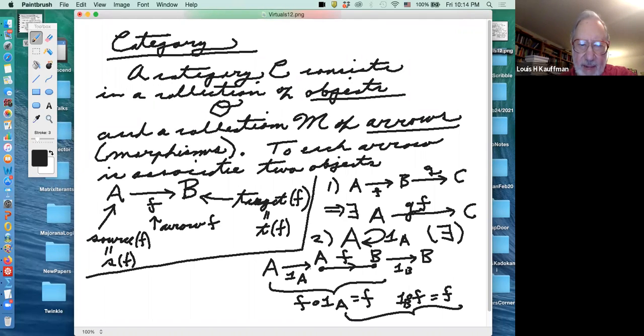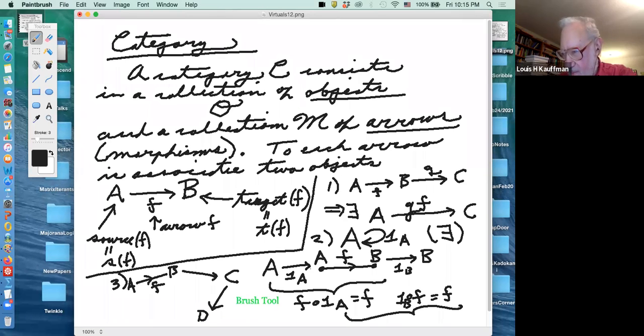That's given. And thirdly, and very importantly, if you have 3 morphisms F, G and H that are composable, F can be composed with G, G can be composed with H. Then you have 2 possible compositions.